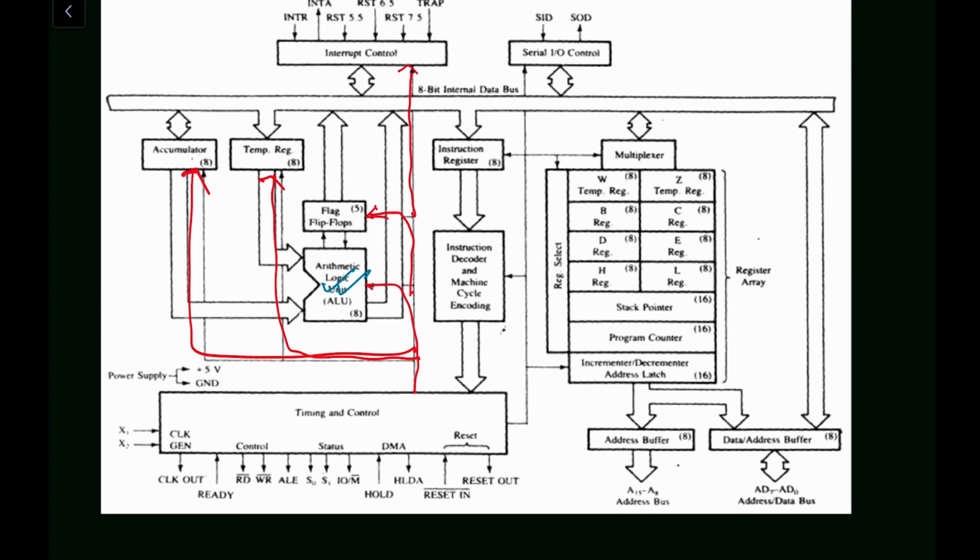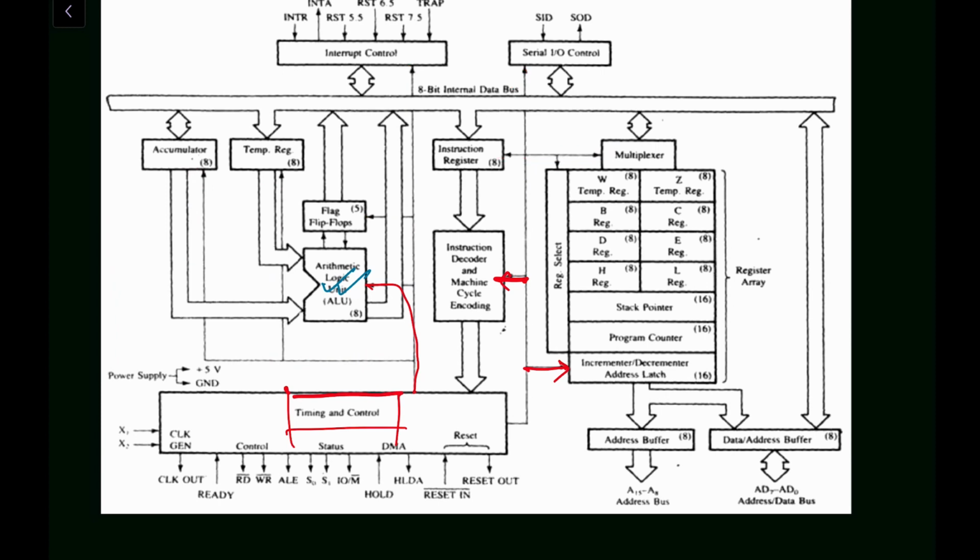Every part of this system is controlled by this timing and the control unit. Okay, so what will be the working of this timing and control unit? You can see here everything is interconnected with the timing and the control unit, because this will control the operation of various components inside this microprocessor.